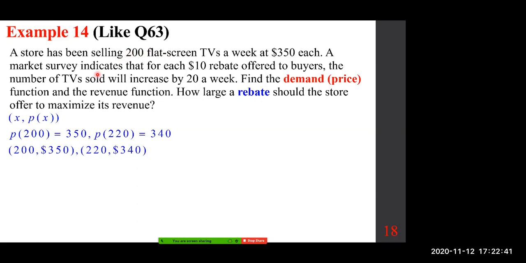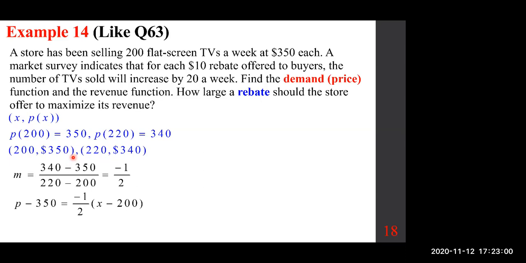Now I have two pairs: y minus y1 equals m times x minus x sub 1. I calculate the slope. And again, class, this is y sub 2 minus y sub 1 over x sub 2 minus x sub 1. Or you can say p sub 2 minus p sub 1 over x sub 2 minus x sub 1.